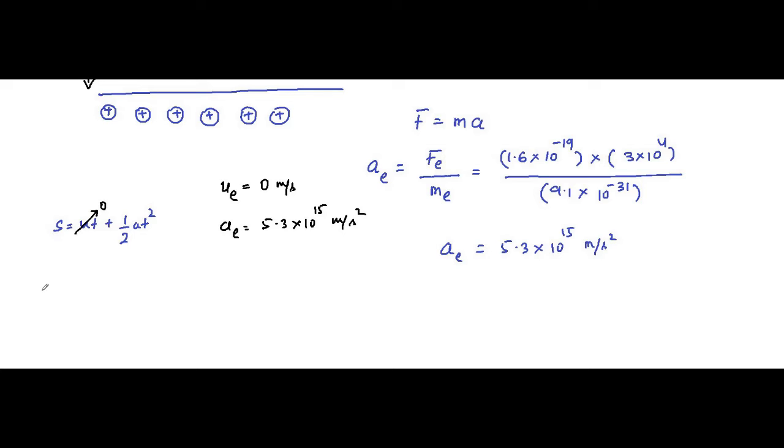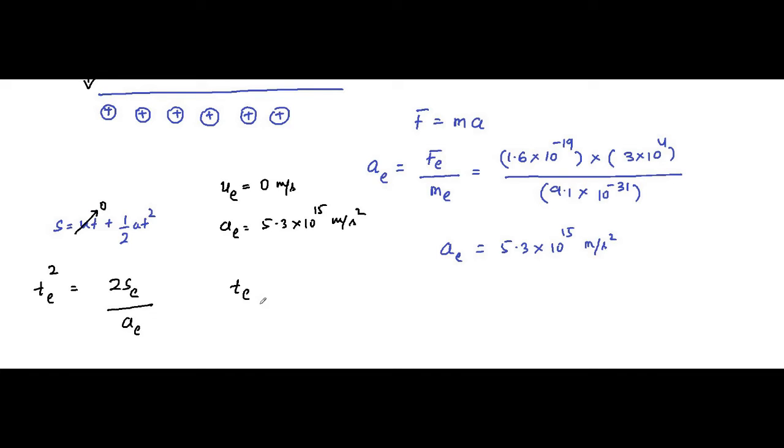Acceleration we calculated as 5.3 into 10 to the power 15 meter per second square. The ut term will become 0 because u is 0. So simply, time of fall of electron, t square, will be equal to 2 se by ae, where se is the distance traveled by the electron and ae is the acceleration of the electron.